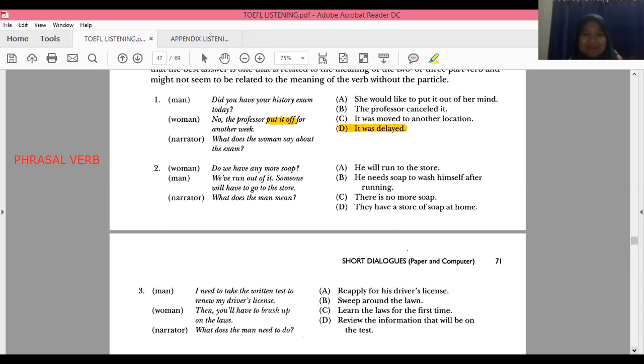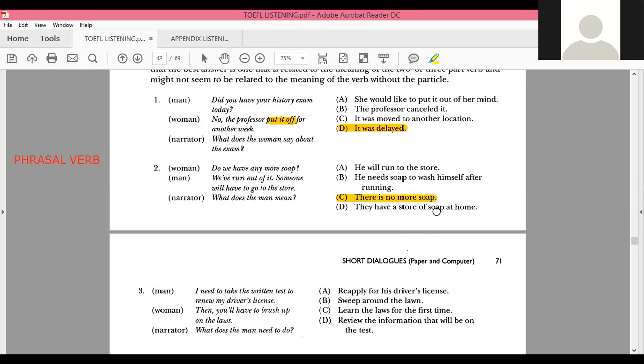Yes, Miss. Option C, Miss. There is no more soap. It is. And what phrasal verb?